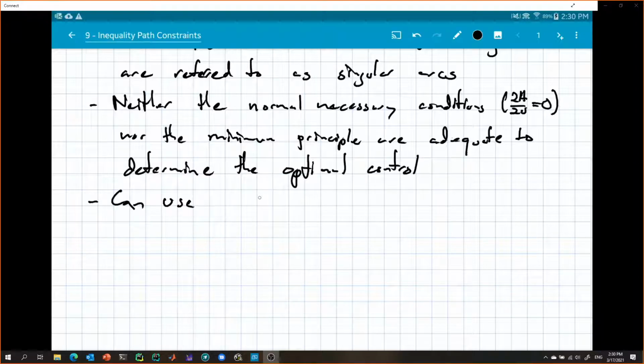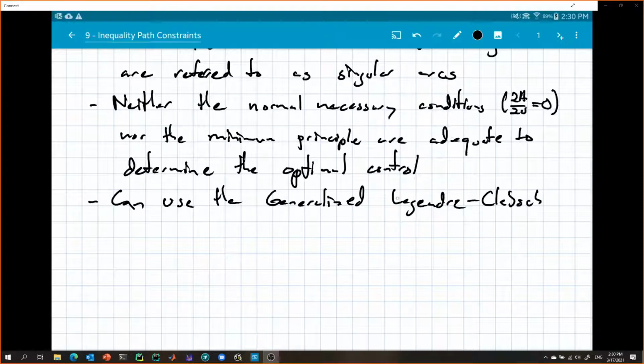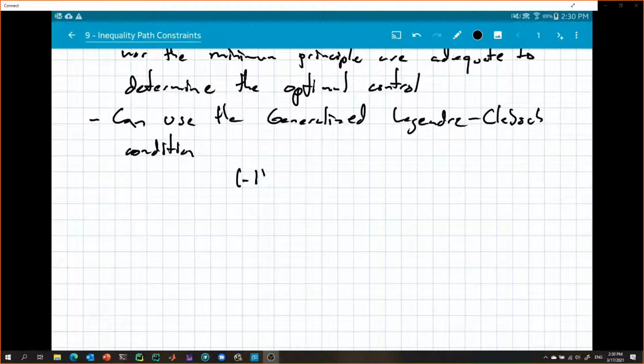For that, we can use the generalized Legendre-Clebsch condition.